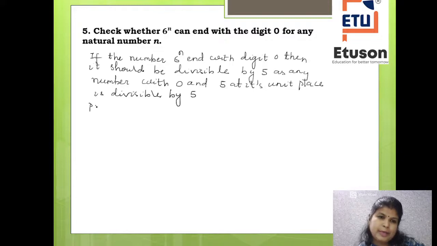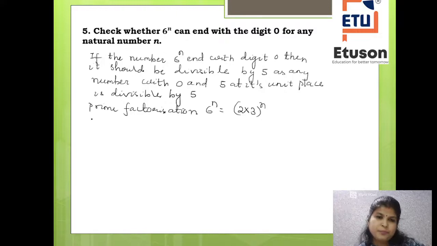So if I write the prime factorization of 6 to the power n, what will be the answer? It is 2 into 3 to the power n, that is 2 to the power n into 3 to the power n.